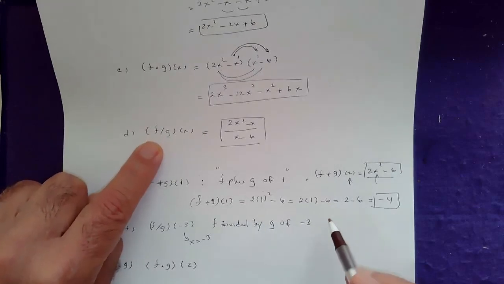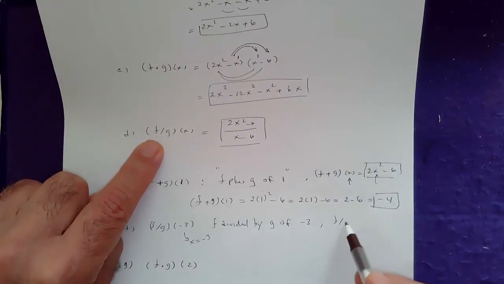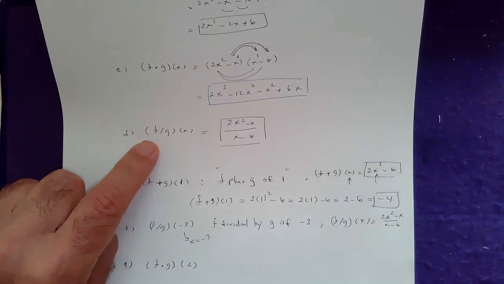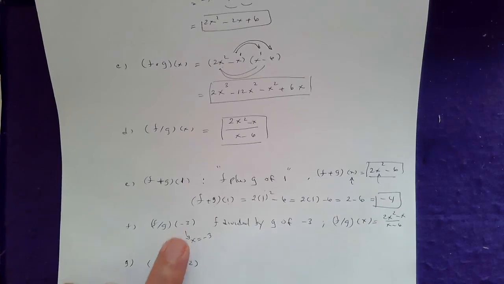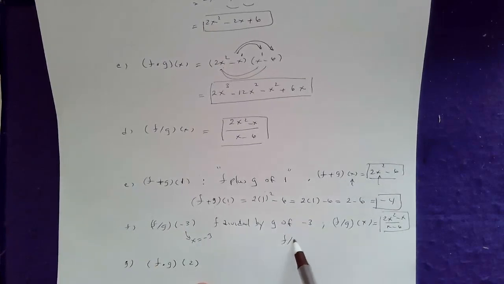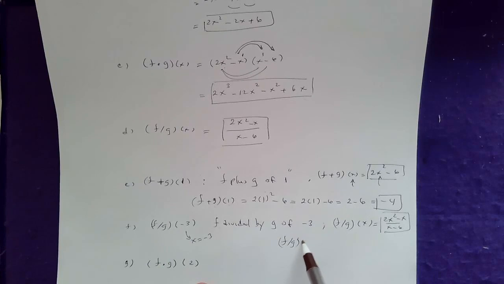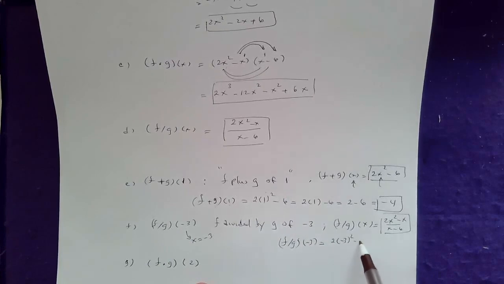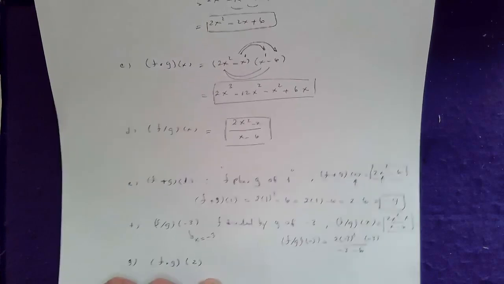So in part D, I came up with f divided by g of x equals 2x squared minus x over x minus 6. My job is now inside this box to replace the x's with negative 3. So I'll get 2 times negative 3 squared minus negative 3 over negative 3 minus 6.